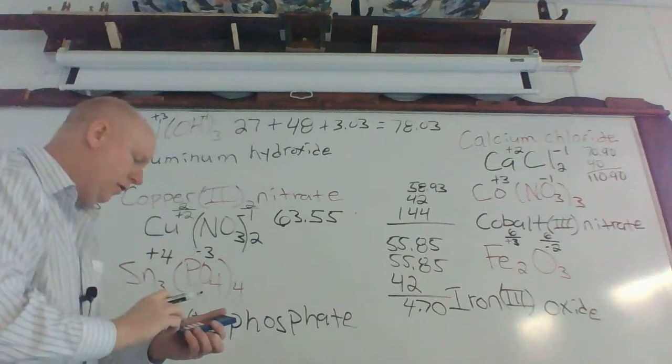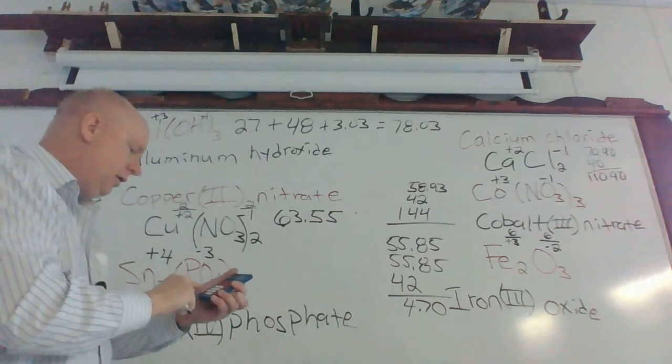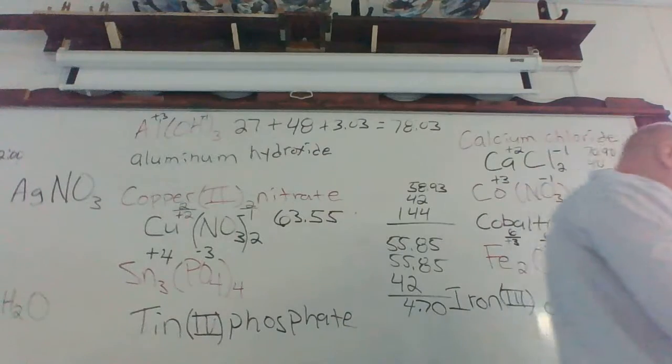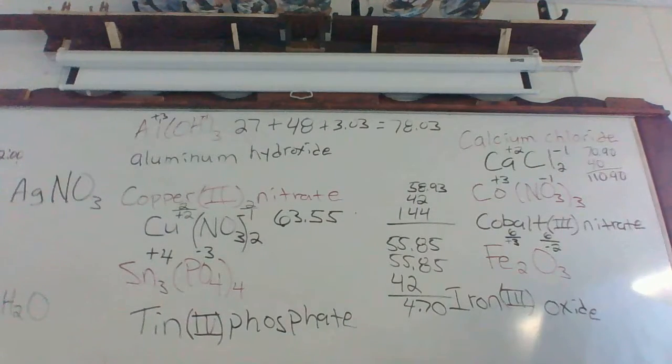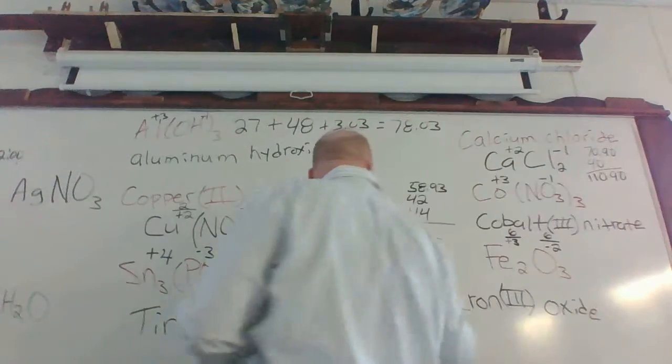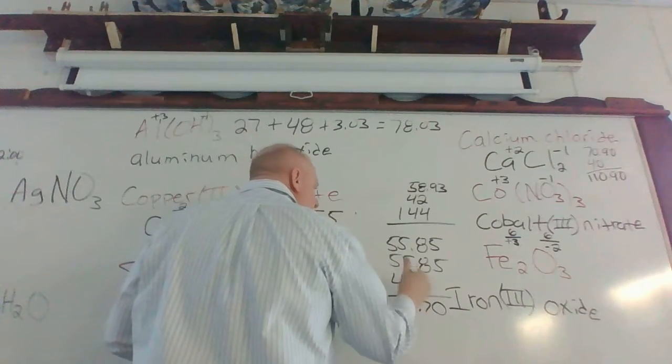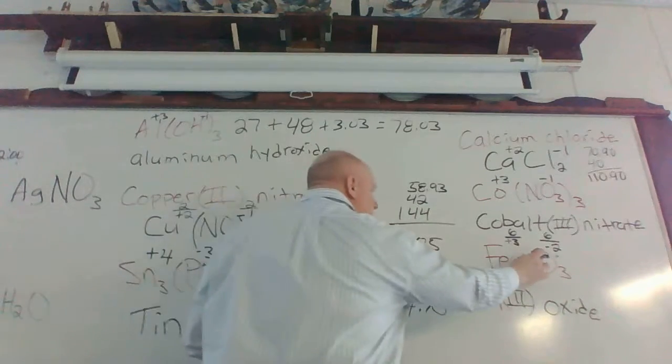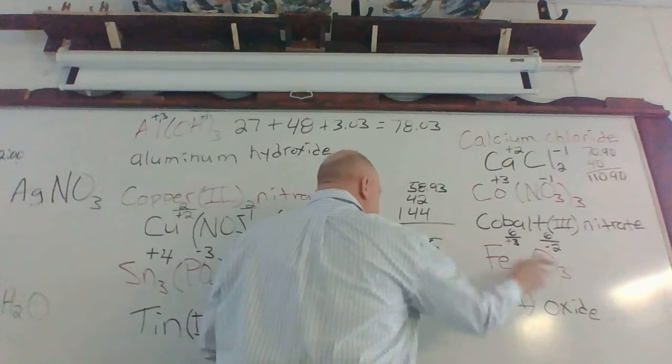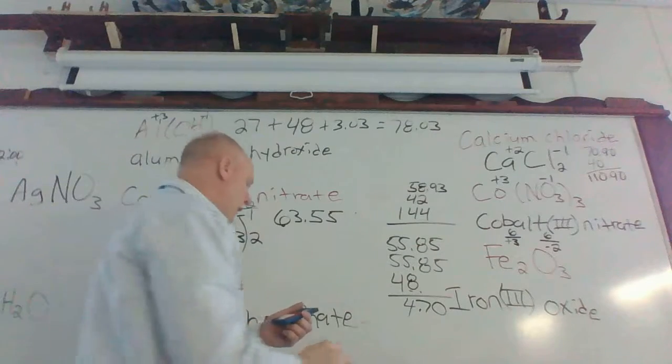Trying to get this done in a hurry is part of the problem. So we've got 55.85 times 2, and then plus 48. I said 42, but that's not right. It should be 48, on account of every oxygen being 16 and 16 times 3 giving us 48. So that would be 159.